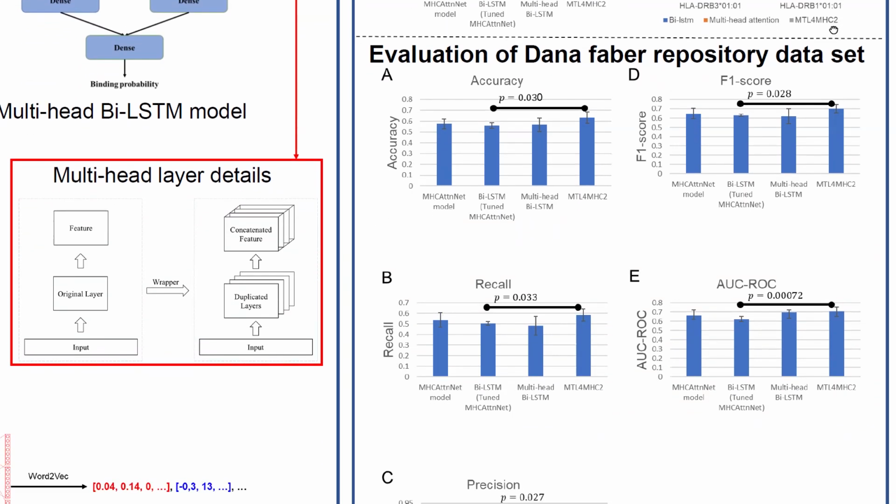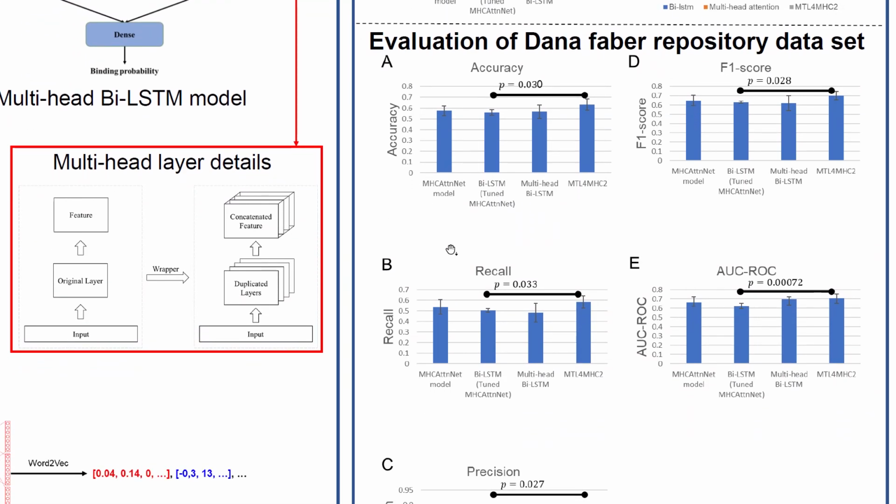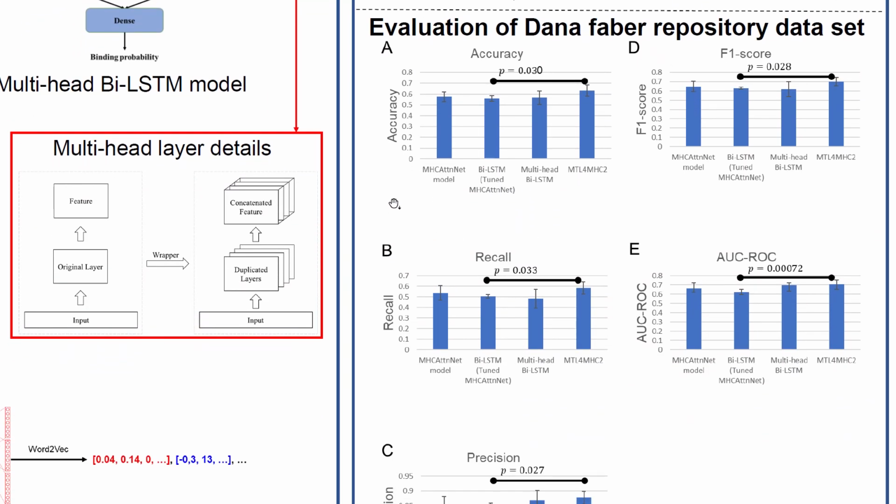Secondly, this figure indicates the result of another dataset. MHC@net, tuned BiLSTM and the multi-head model showed equivalent performances. This result shows that generalization performance was not improved by parameter tuning.